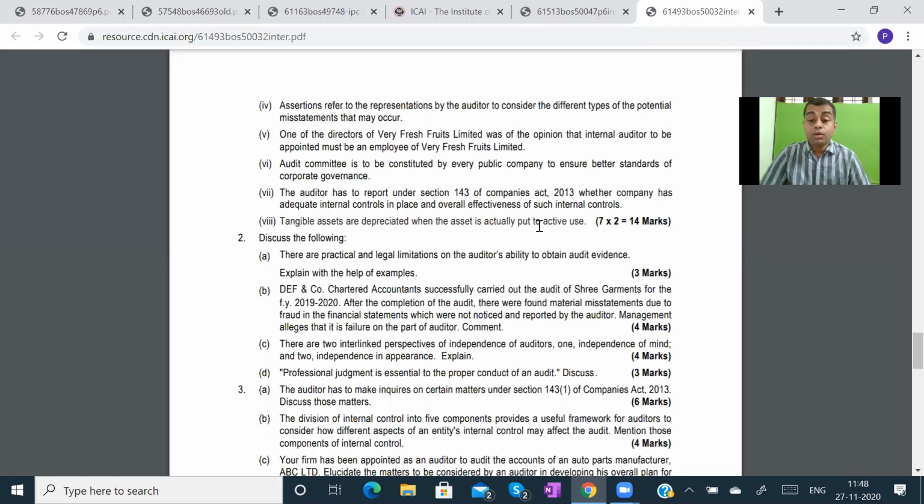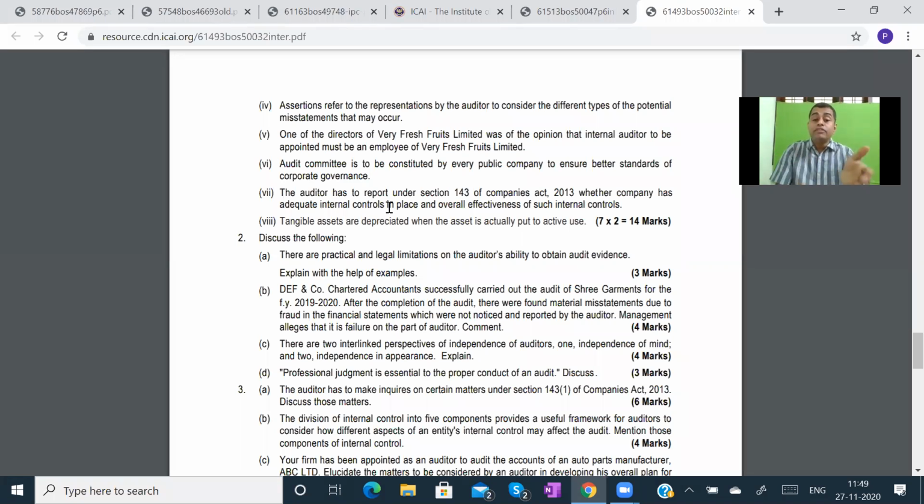Tirtha is saying correct. What about other students? Everybody is saying correct. My dear friends, welcome to the trap. This is wrong. The auditor has to report under section 143 of the Companies Act whether the company has adequate internal financial reporting controls over preparation of financial statements.